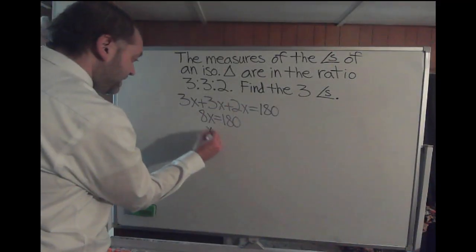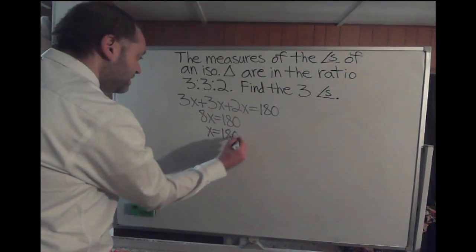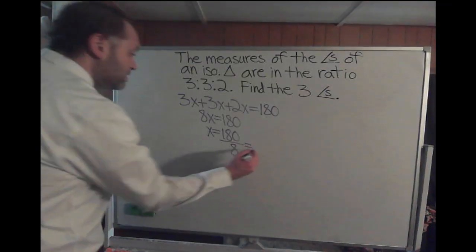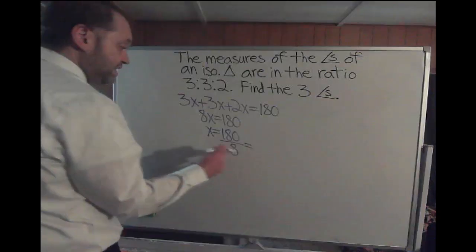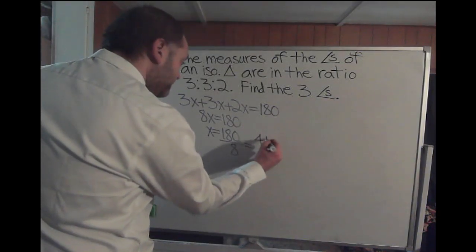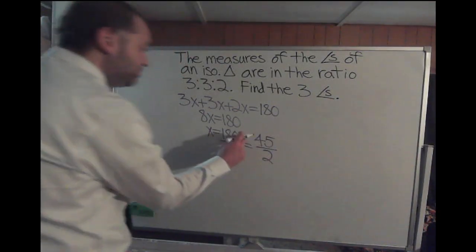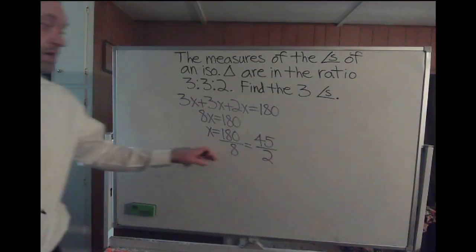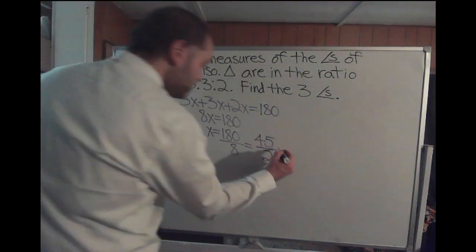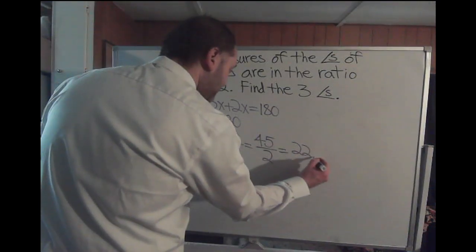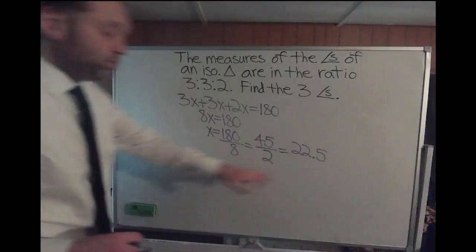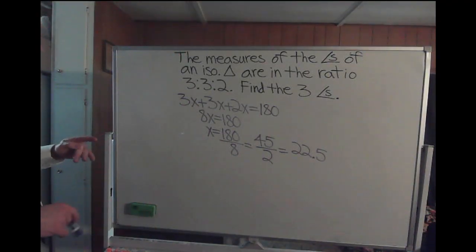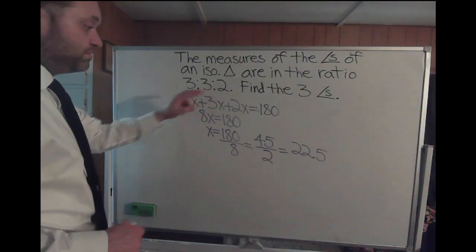Which would have to mean that x equals 180 over 8, which would have to equal 45 over 2. If you divide both the numerator and denominator by 4, that's 45 over 2, which turns out to be 22.5.